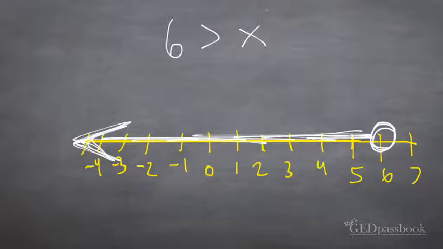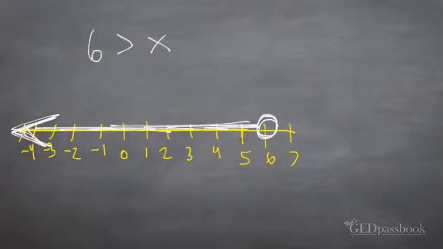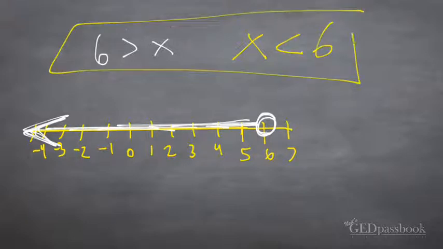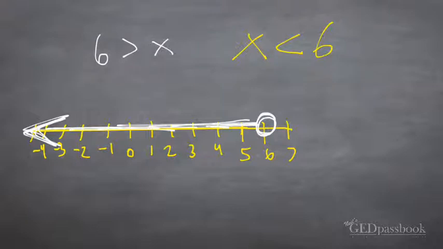So my advice is always write your inequality with the variable first, which is the same as saying this. These are both the same exact things. But if it helps you to say the variable first, x is less than, or x is greater than, whatever, it kind of helps knowing what x could be. It could be any number less than 6.